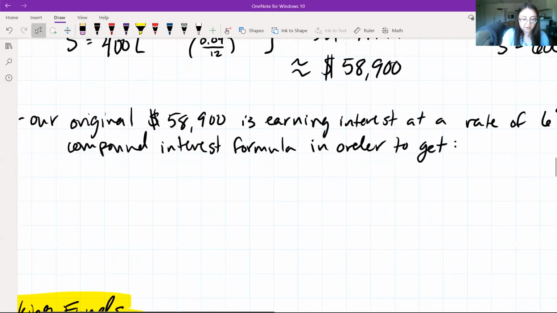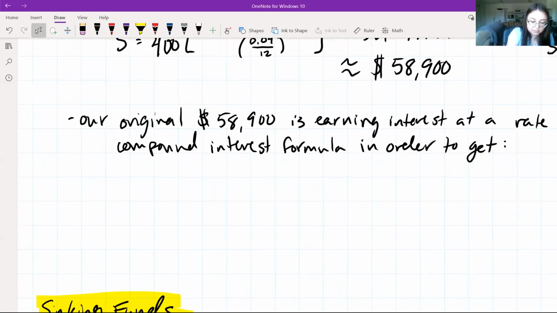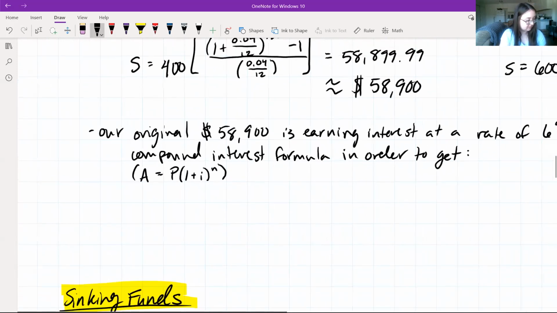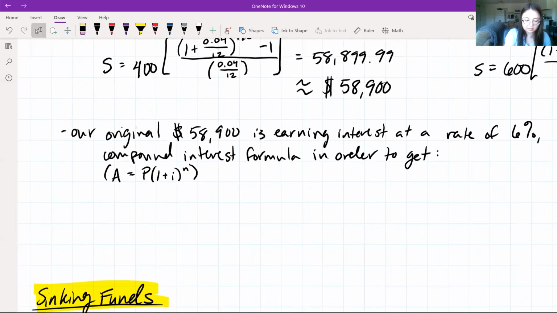So we'll use this value, and remember our compound interest formula is just A is equal to P times 1 plus I to the n power. So we're going to say, $58,900 is our present value.